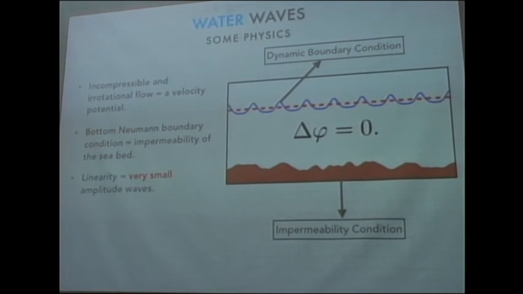So we have to simplify it. The assumption I'm going to make is that the waves have a very small amplitude. So we don't really need the potential on the surface; we simply assume that the water is always still, and there we take all the measurements relevant for our model.